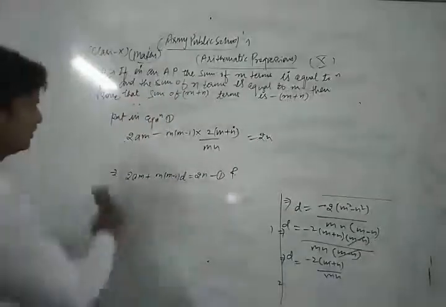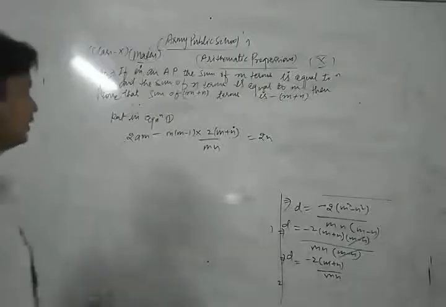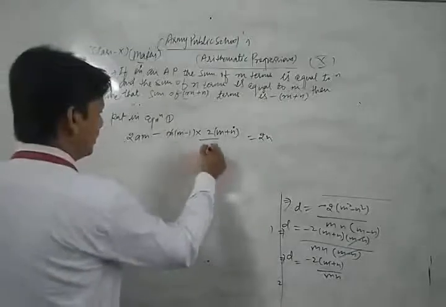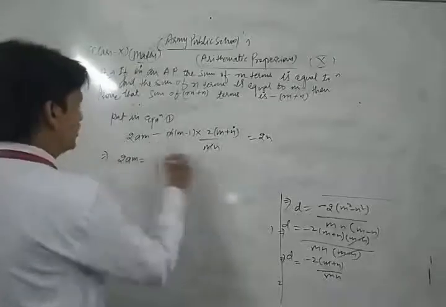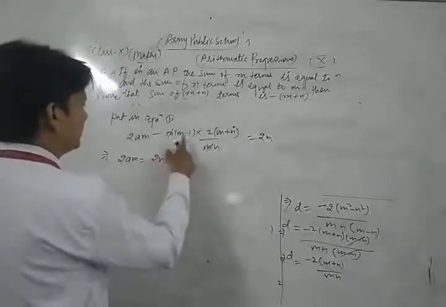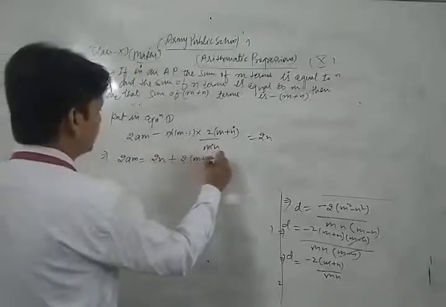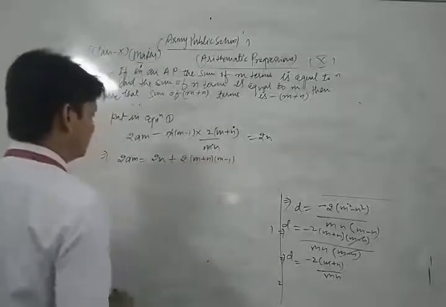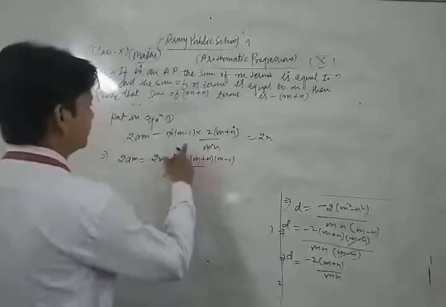Now we simplify them. Here m cancel to each other, so 2am is equal to, we transfer that side, so 2n plus 2(m plus n)(m minus 1) upon n.